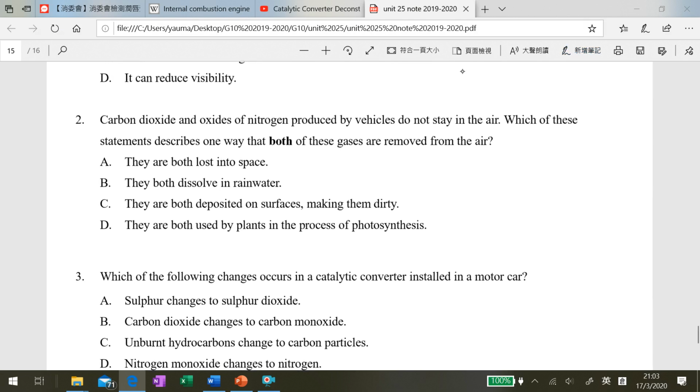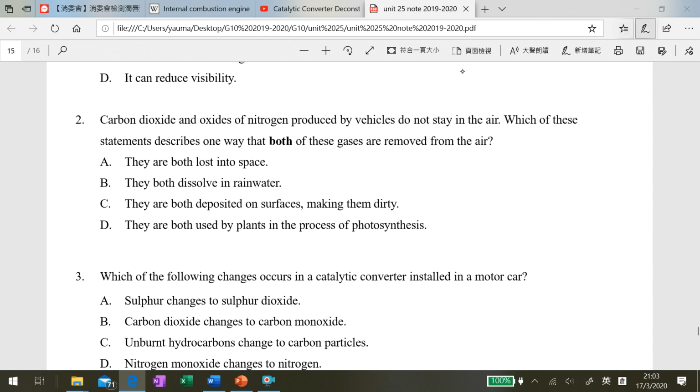Question 2. Carbon dioxide and oxides of nitrogen produced by vehicles do not stay in the air. Which of these statements describes one way that both of these gases are removed from the air? So, why are carbon dioxide and nitrogen oxides not staying in the air?